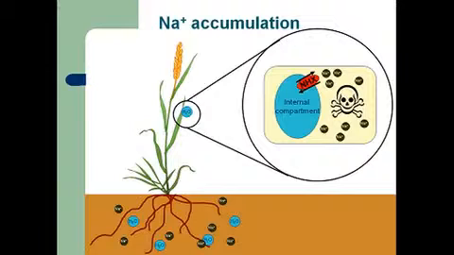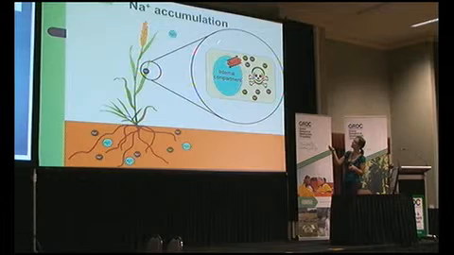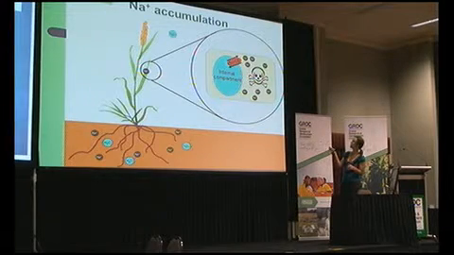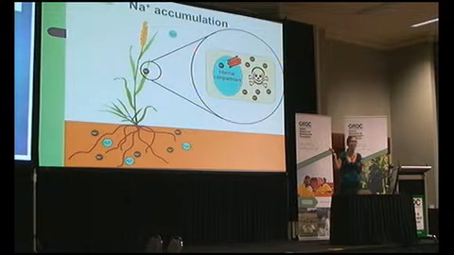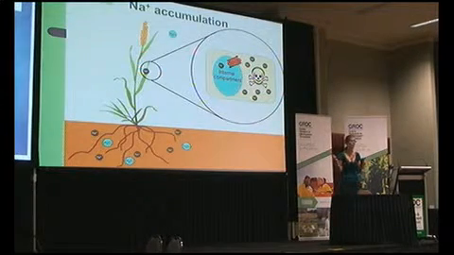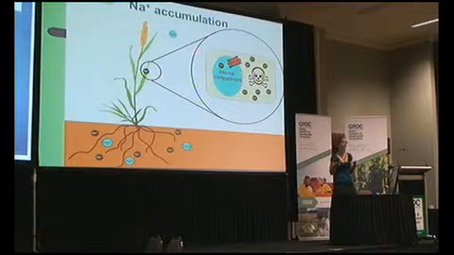Now, one way that the plant has to cope with this is it uses these red guys here, these sodium pumps. What they do is they pump sodium out of the cytosol where it's toxic and into these internal compartments where it's kind of safely stored away and effectively detoxified.